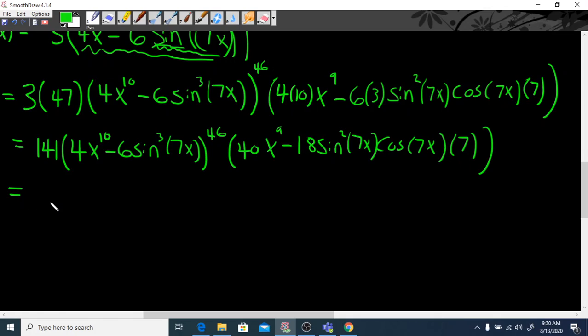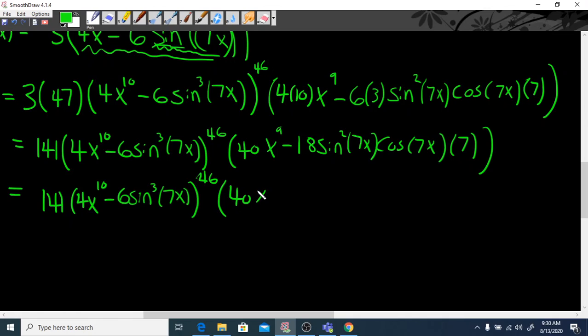Okay, so let's do this one more time. 141, (4x to the 10 minus 6 sine cubed of 7x) to the power 46 multiplied by 40x to the power 9 minus, and then I said that that was like 126, so I'm going to double check, right? 7 times 10 is 70, 7 times 8, 56, 70 plus 56, 126. 126 sine squared 7x cosine 7x.